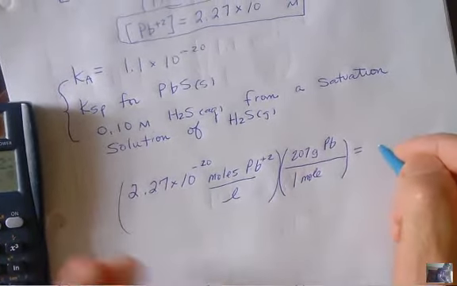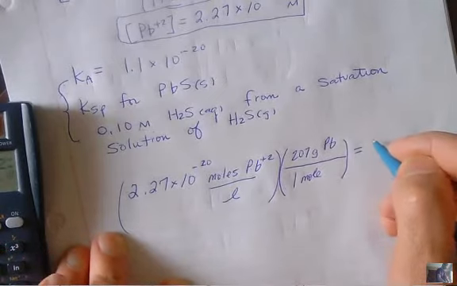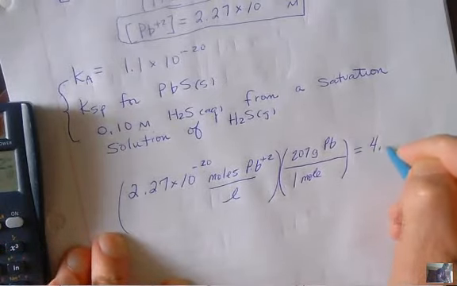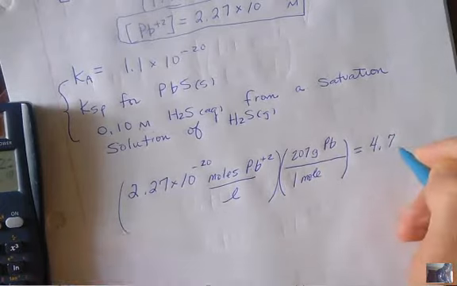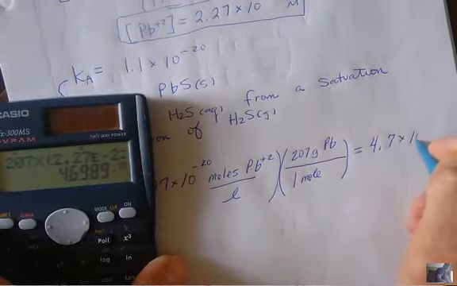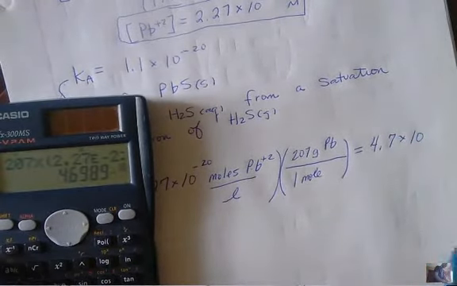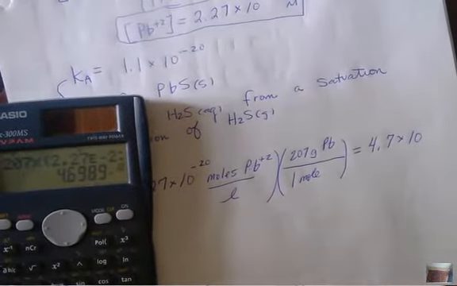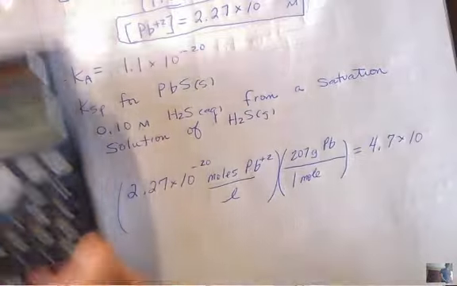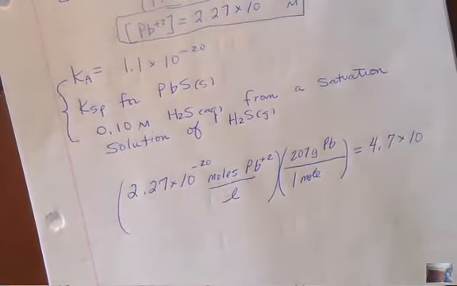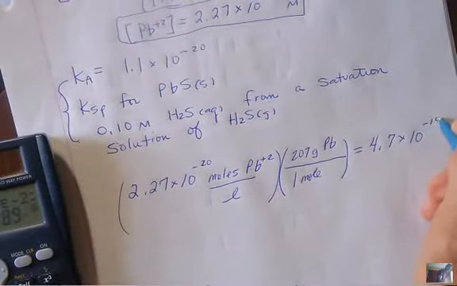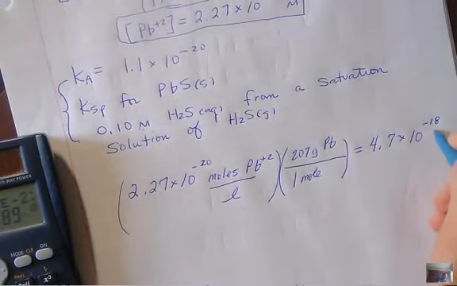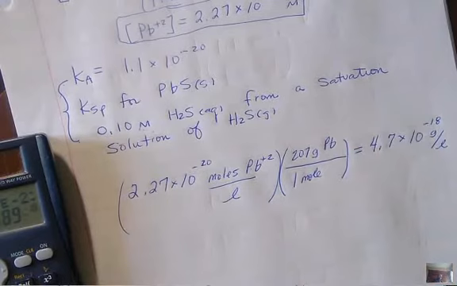Okay, now I have 4.69, so 4.7 times 10 to the minus 18th. 4.7 times 10 to the minus 18th grams per liter.